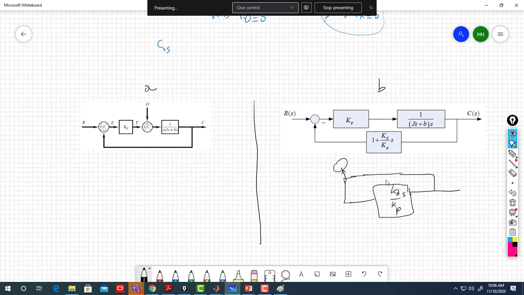Okay, this is minus, this is R. Then this is KP, and this is 1 over JS plus BS, right? This is the same system as that, right?